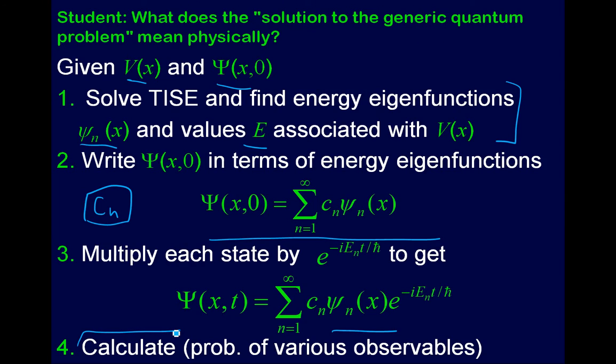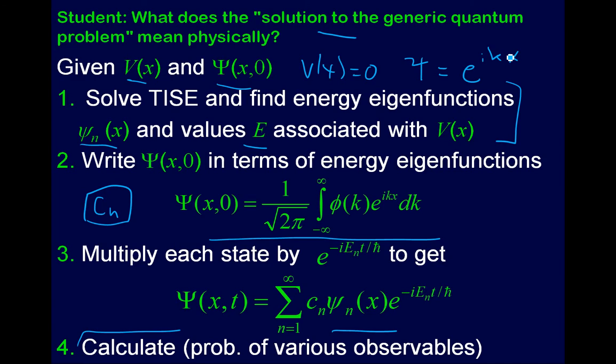So if someone asks, what does the solution to the generic quantum problem mean physically? Well, this is what we mean by that. I think Griffiths said this quote in the book, and this is the solution to the generic quantum problem. And so now we're doing this for the free particle. So our V of x is 0, and our energy eigenfunctions are these e to the ikx's, which happen to be the momentum eigenfunctions.